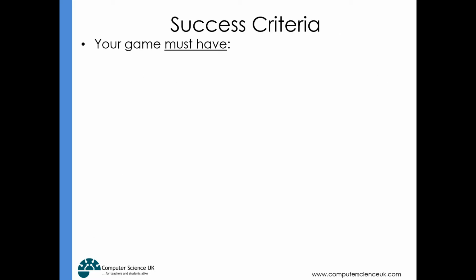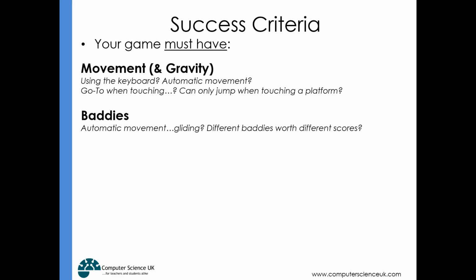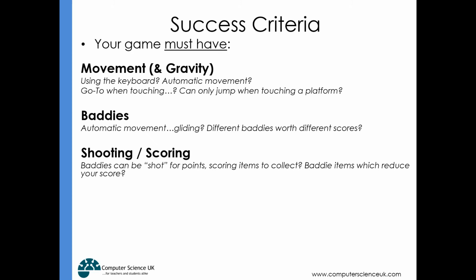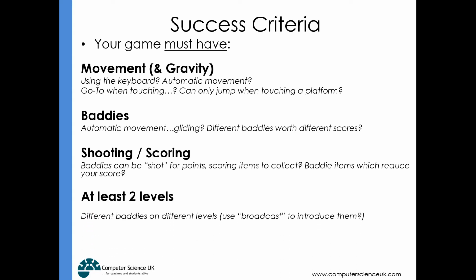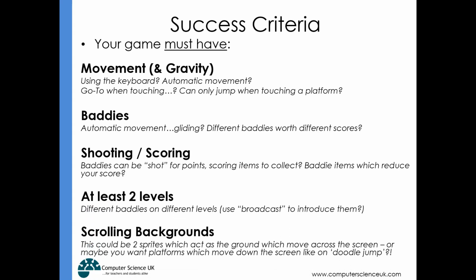So for it to be a successful computer game for this particular Year 9 project, your game has got to have movement and gravity, needs to have some baddie objects, you need to have a shooter and some scoring system. It needs to have at least 2 levels, could have plenty more if you want. And of course it needs to have a scrolling background.